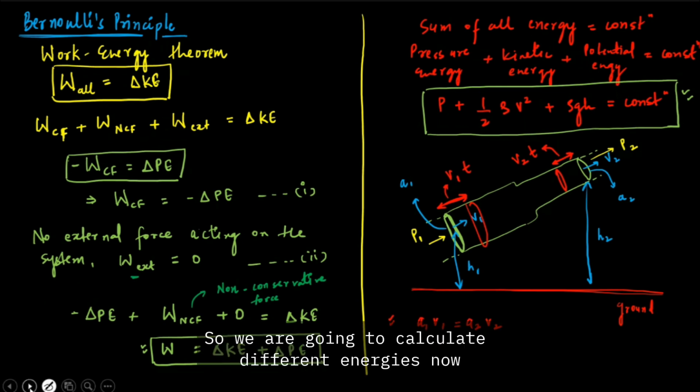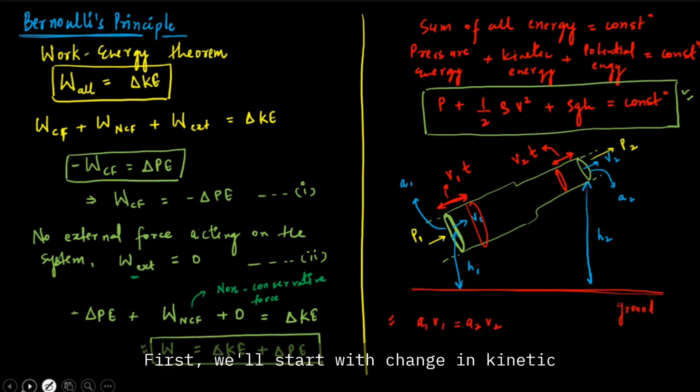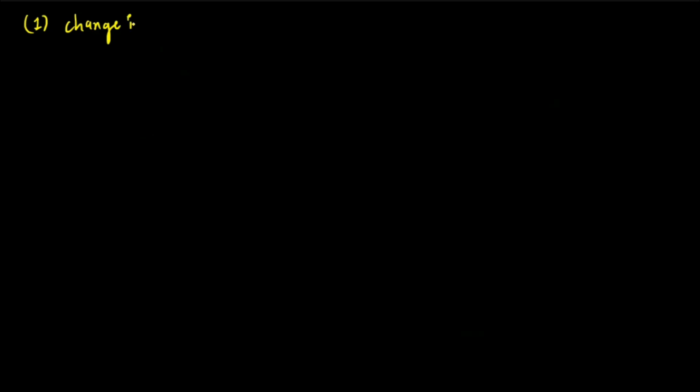So we are going to calculate different energies now. First, we'll start with the change in kinetic energy of the fluid. Let us do that. So the first thing we are going to calculate is the change in kinetic energy of the fluid.